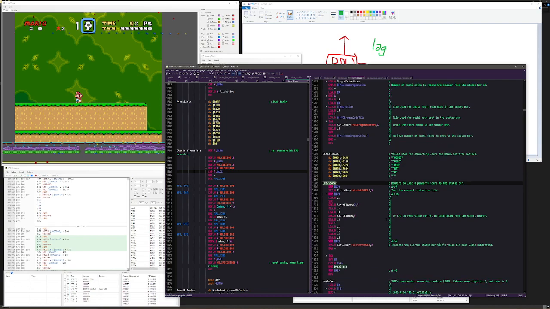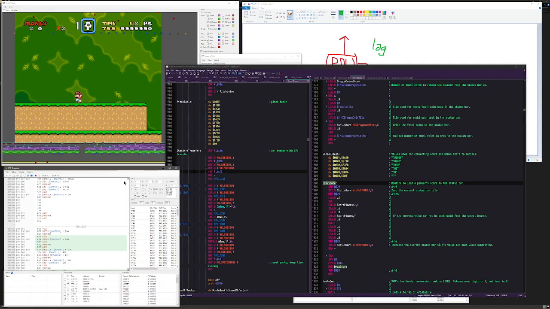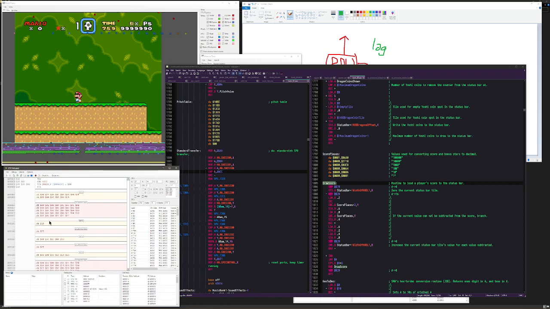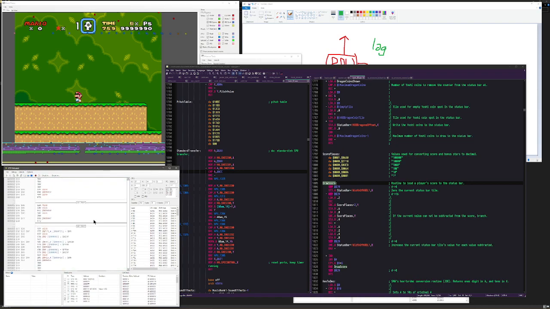This is where it is. It's a draw score, even though it's not drawing, it's calculating. Oh boy. All right. That is the routine.